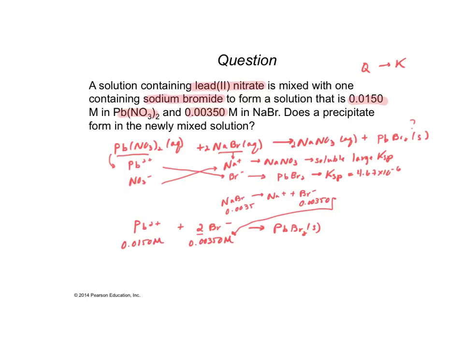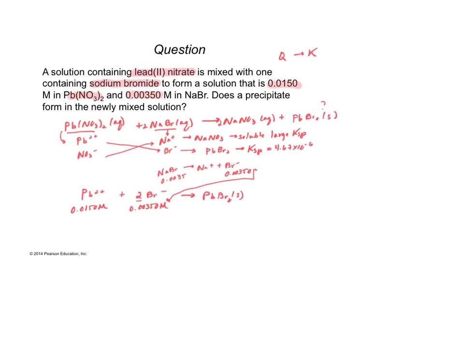All right, so we'll go ahead. I've written this in reverse, which may be confusing. So we're looking at the solubility of this guy. So PbBr2 breaking down into Pb2 plus Br minus, and there's a 2 in front. And right now we have concentrations of these guys at 0.0150 and 0.00350.